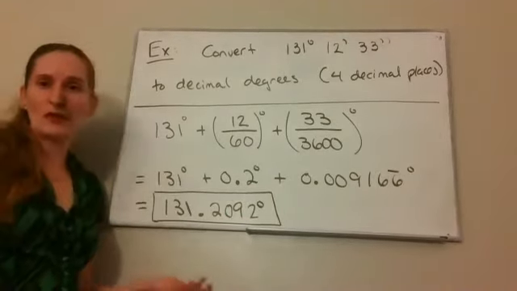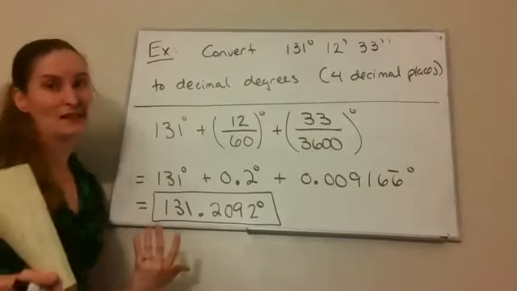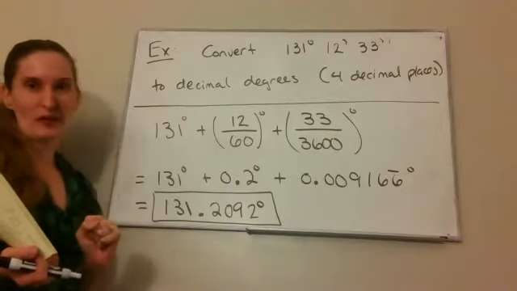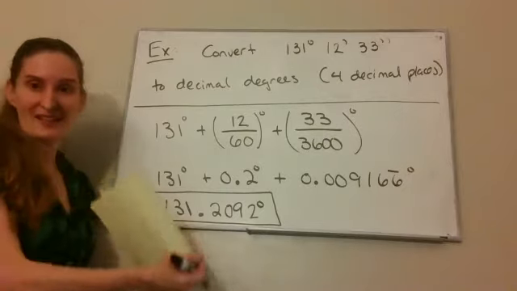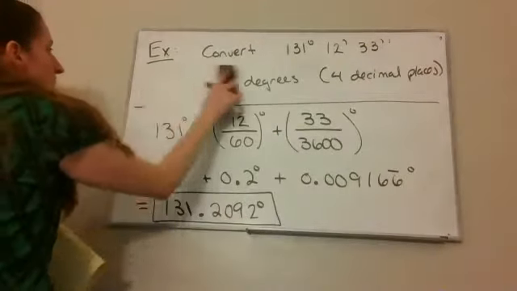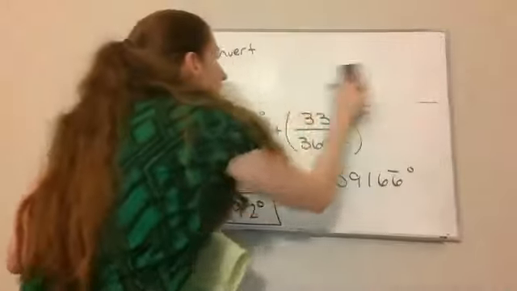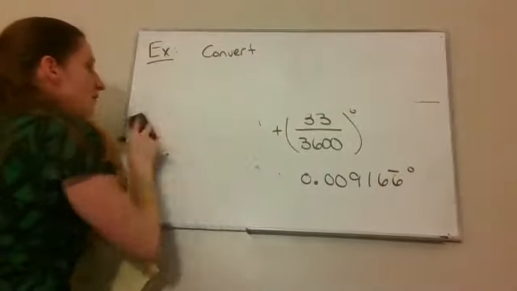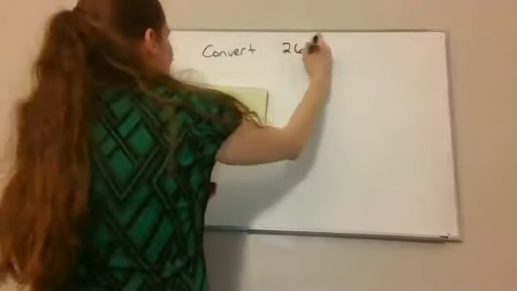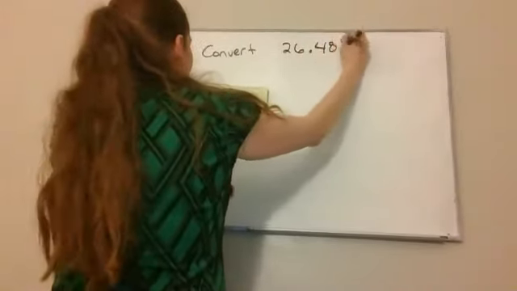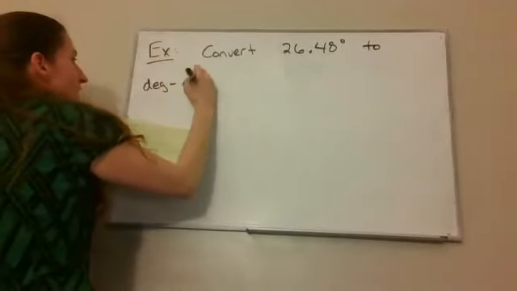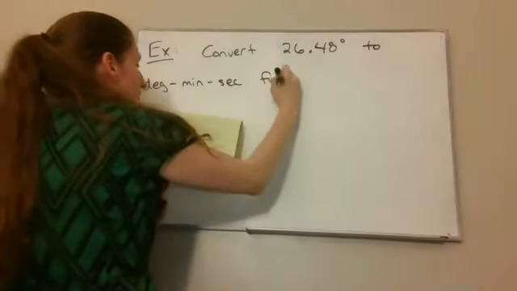All right, so that's how we convert from the degrees, minutes, seconds notation into decimal degrees. But what if you're given a decimal degree and have to convert it to degrees, minutes, seconds? Well, let's do an example going the other way. Let's convert 26.48 degrees to degrees, minutes, seconds form.